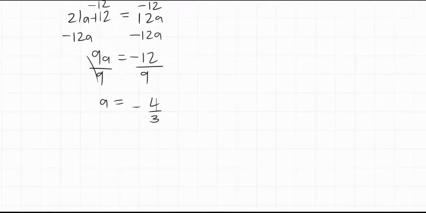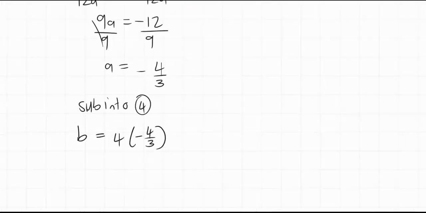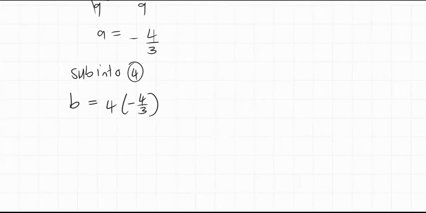So sub into equation 4, and B equals 4 times minus 4/3. So we have now B, which will be 4 times minus 4/3. Top times top, bottom times bottom, negative 16/3.